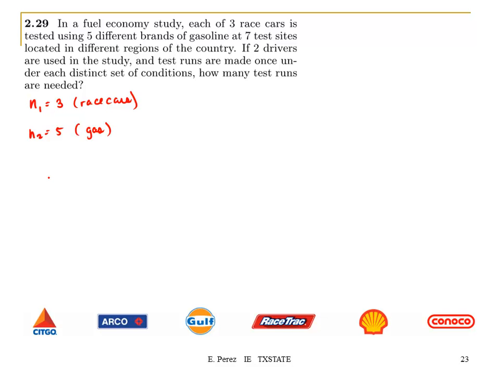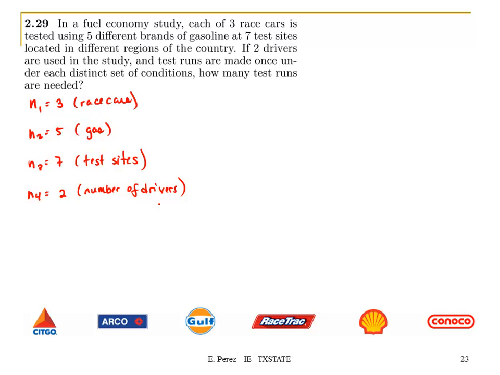We have 7 test sites, so N3 is 7 test sites. And what else? N4 is the number of drivers, 2, right? Two drivers. And that's all we have. So we have N1, N2, N3, and N4 different options for each category.